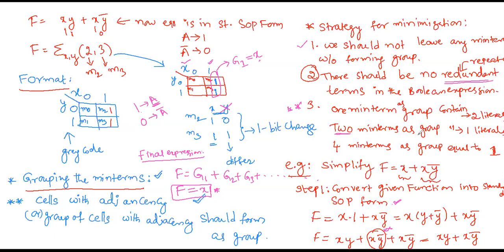If you are forming 2 minterms as a group, it contains only 1 literal. G1 is containing only 1 literal. If you are forming 4 minterms as a group, that final expression is equal to 1.